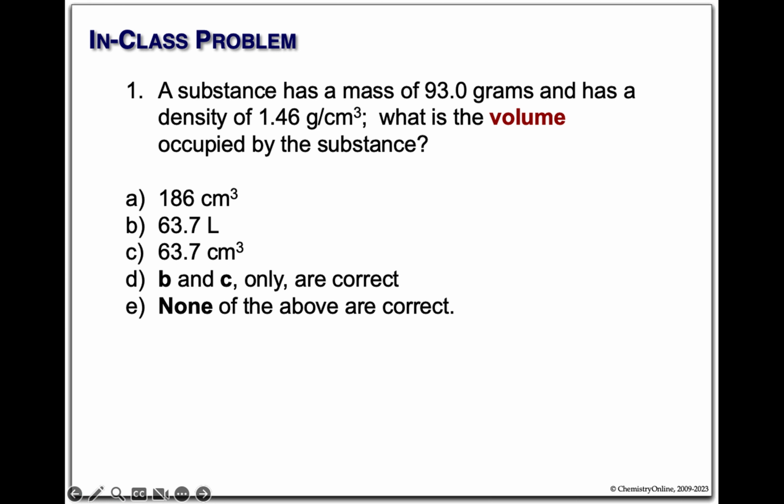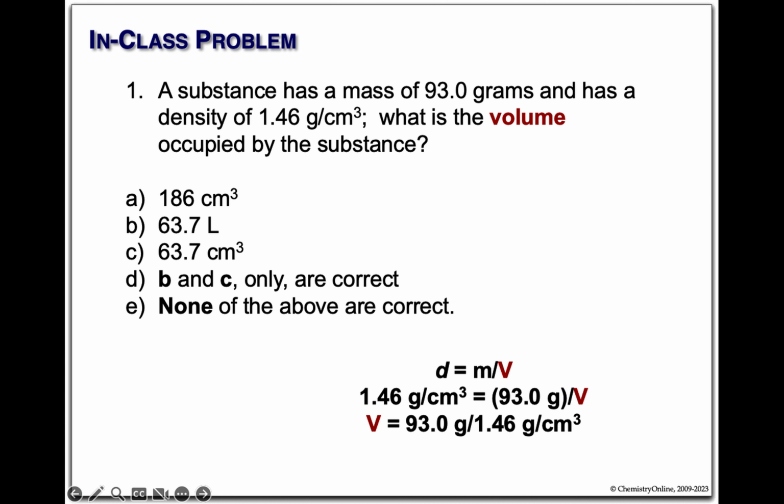We have a formula. Density is mass divided by volume, right? We're looking for volume. We could plug density in, plug mass in, and solve for volume. Volume is going to be our mass divided by our density. Simply do our division, and we get our answer.